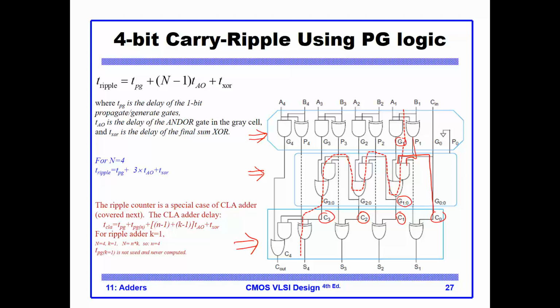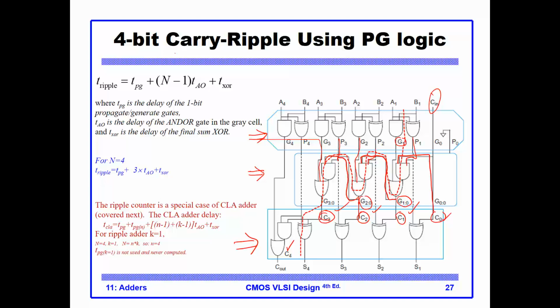That gives me G group generate from 1 to 0, and this is carry 1. So now I'll take this one and feed it to the next stage with P2, or generate from this step. That will generate a group generate from 2 to 0, which is carry 2. And this carry 2, I can take to the next step with the group propagate, or with G3 to generate C3. So this chain generates C1, C2, C3, and eventually C4.